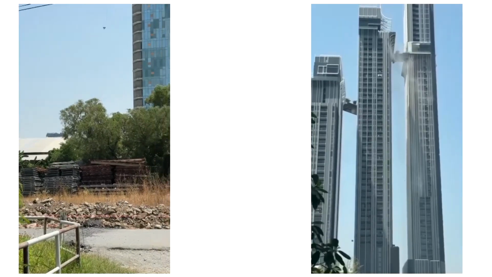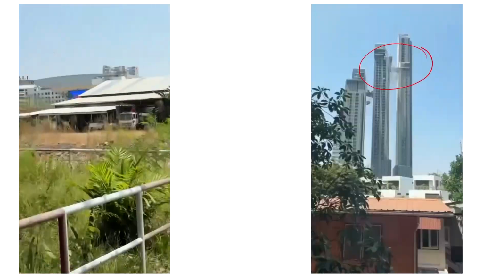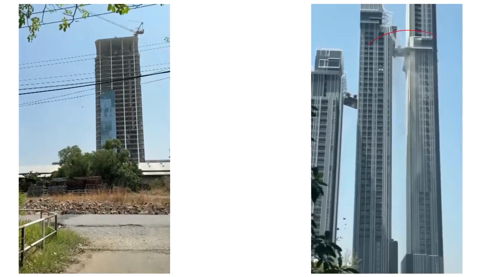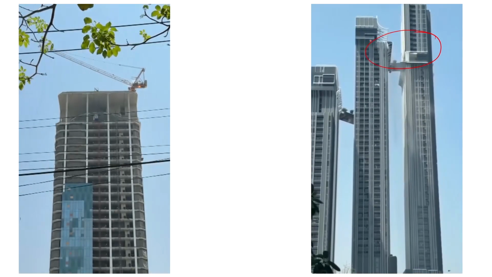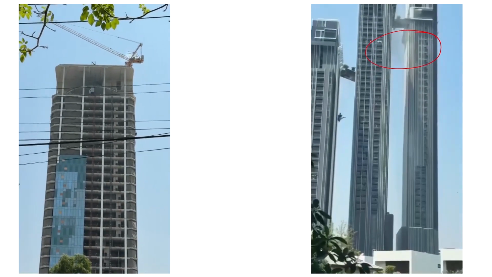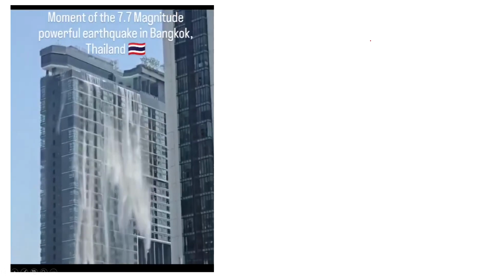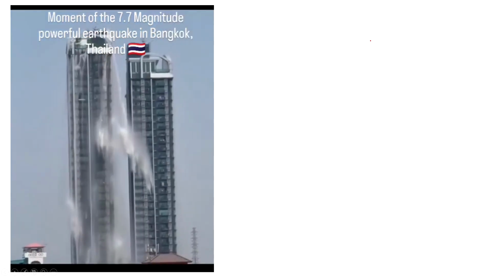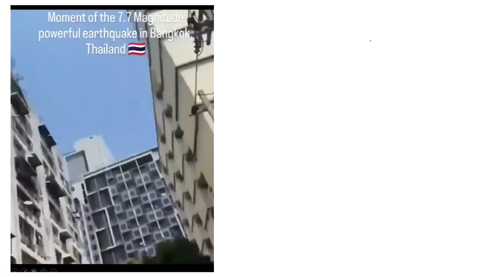New buildings were damaged, and I will come to this pattern of damage, and why this happened, later on when we are talking about the seismic waves, and whether this is the ideal way to construct buildings. You can see the sway of these buildings very clearly.